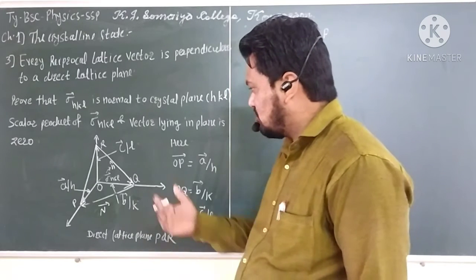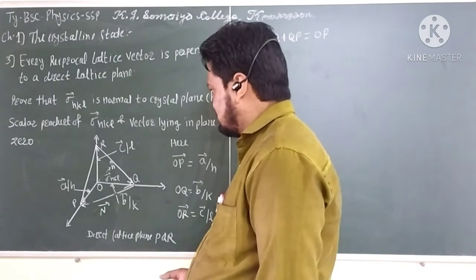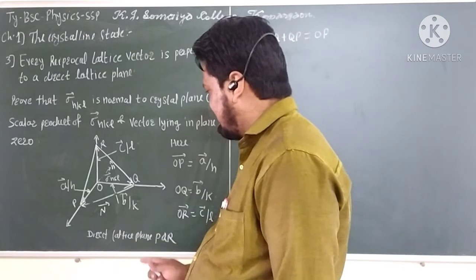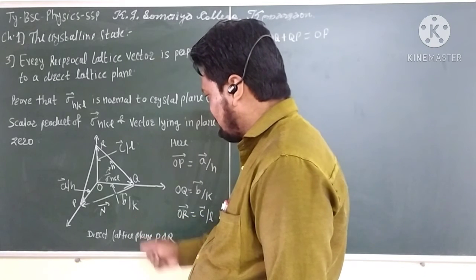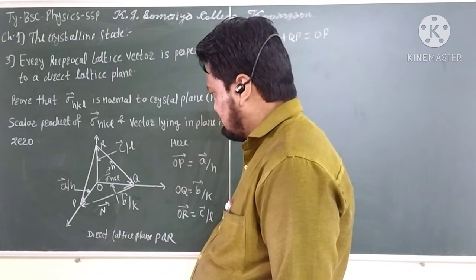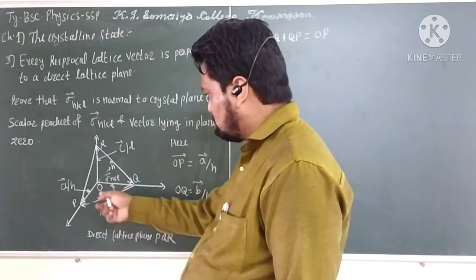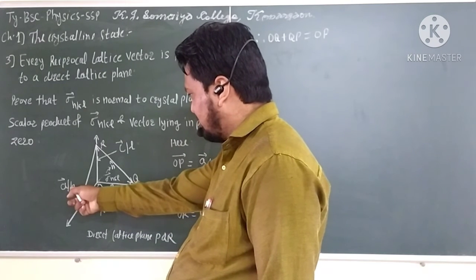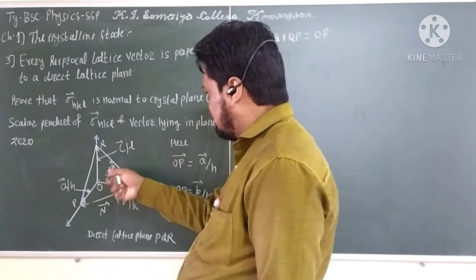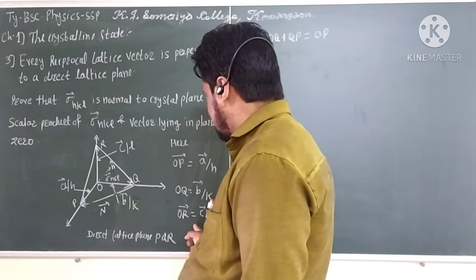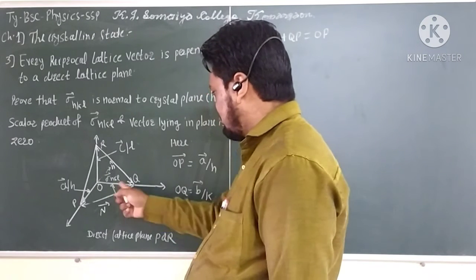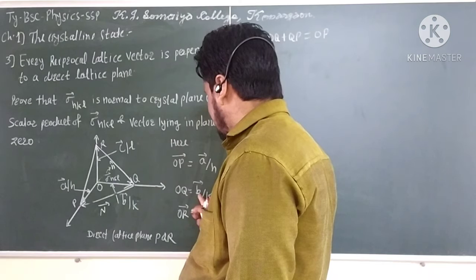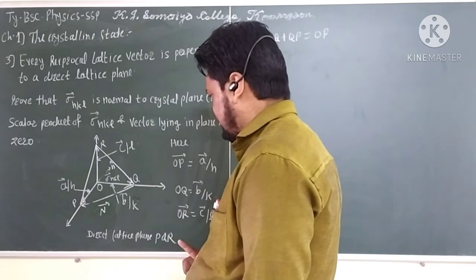For the analysis of this figure, the HKL plane consists of the side PQ, with vector OP given as A bar by H, OR as C by L, and OQ as B by K.